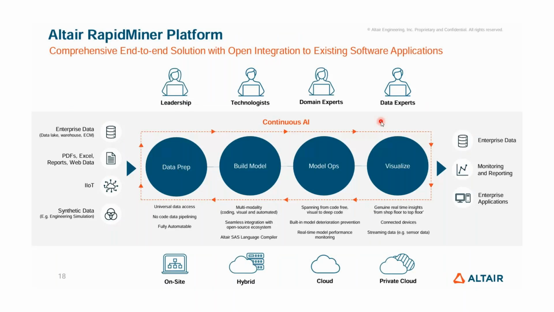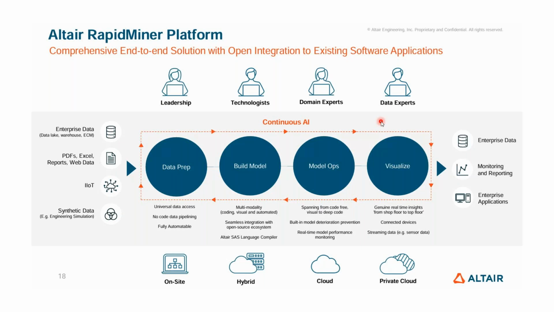So it is a single platform for complete data analytics, like data preparation, model building, ModelOps, and visualization. Everything can be performed in a single environment with the help of RapidMiner.